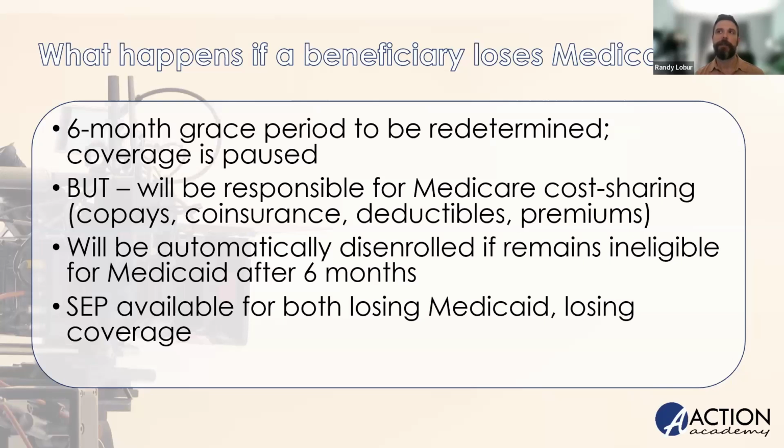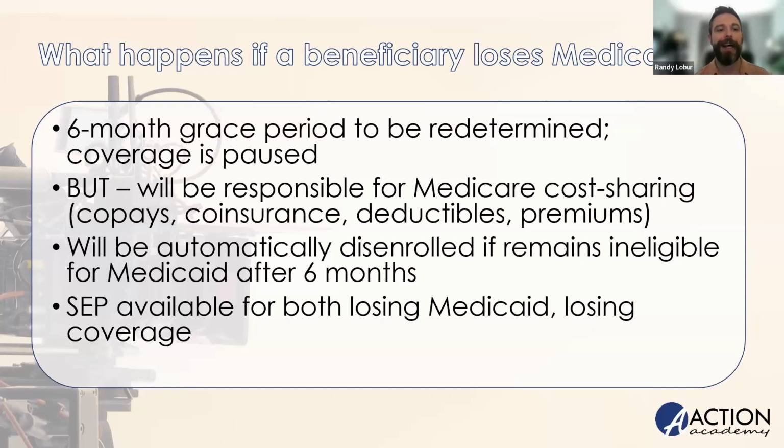But here is a good thing for us to know. There's 2 SEP opportunities here for your people, right? So if they lose Medicaid or they lose that MSP eligibility, that grants them an SEP. And they would also have an SEP if they did stick around for the full 6 months, did not get redetermined, and lost Medicaid coverage.